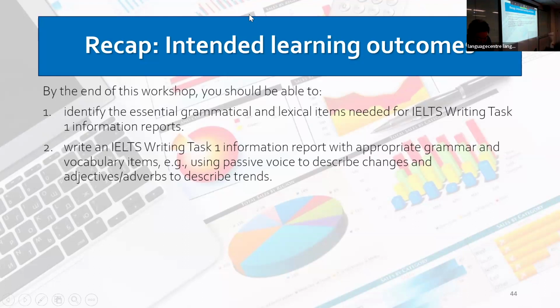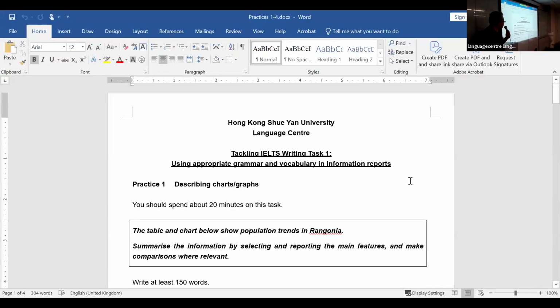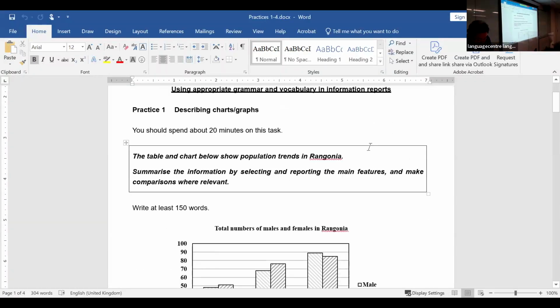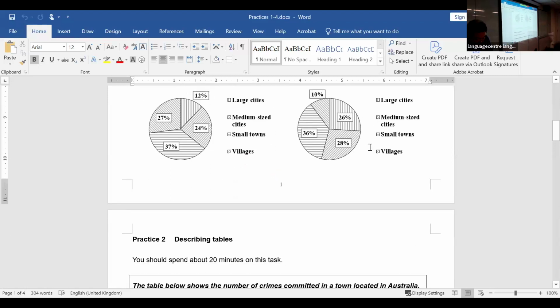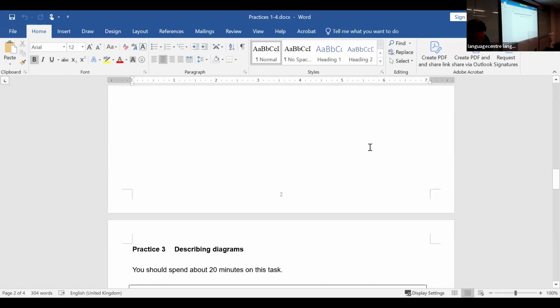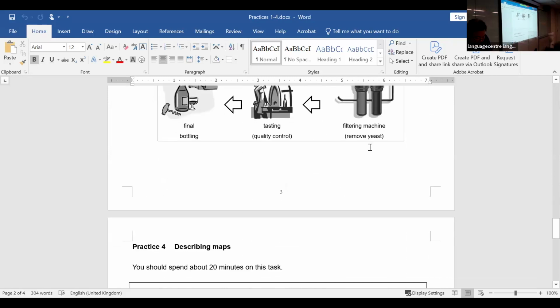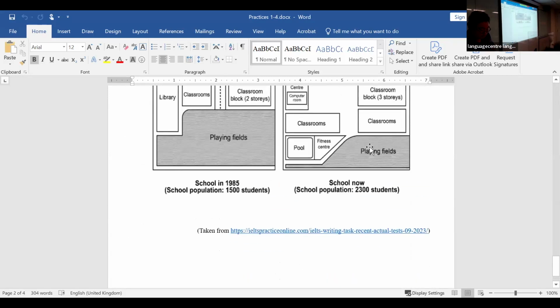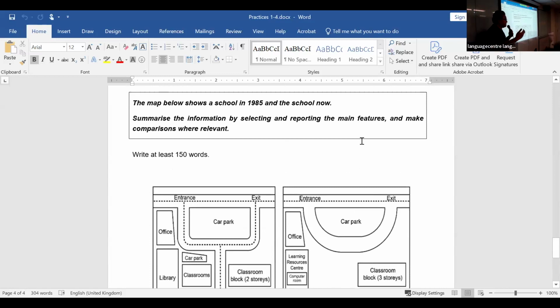Let me show you another set of handout very quickly. Apart from the PowerPoint slides and the samples graded by IELTS examiner, I've also prepared 4 practice tasks. You can select one of them here and practice writing your introduction, your overview, and the body paragraphs.